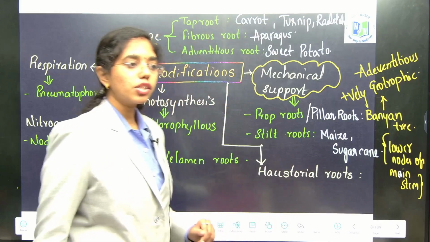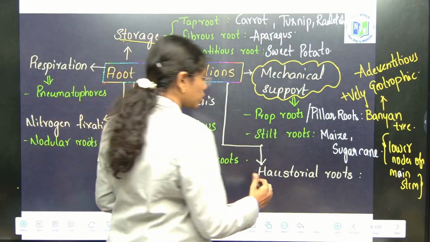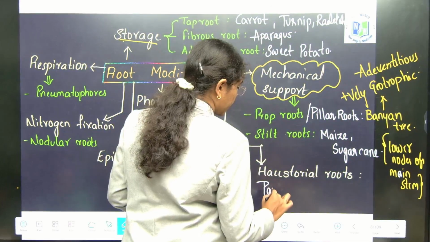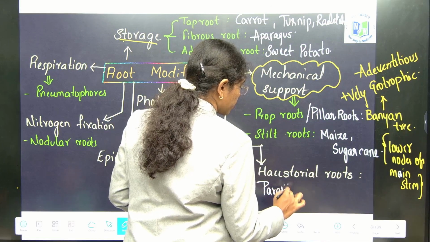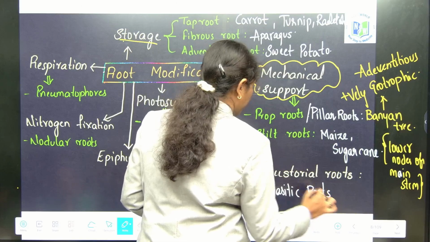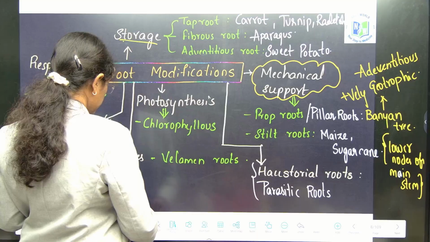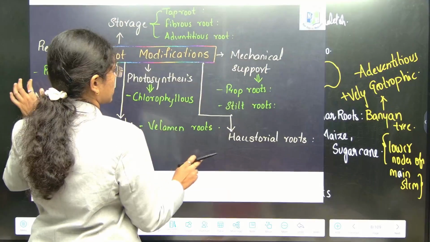Okay. Next is what? Haustorial roots. Haustorial roots are also known as what? Parasitic roots. As such, we have two types of parasitic roots. What are they? Partial parasites and complete parasites.